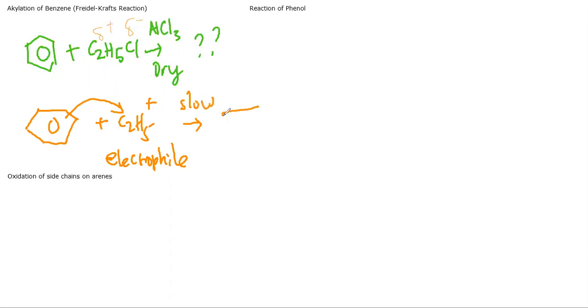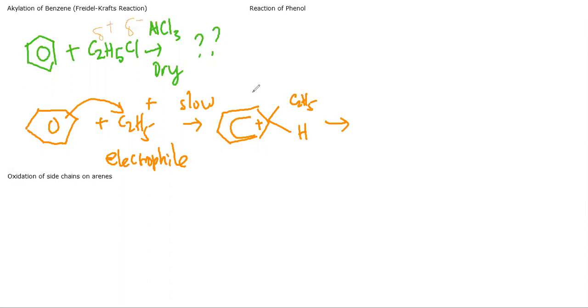Now you have the intermediate of this one. And then you have H. Now, why do I draw this? Because the electron is used to introduce C2H5. And the next thing is, always remember that benzene tries to restore the resonance system.